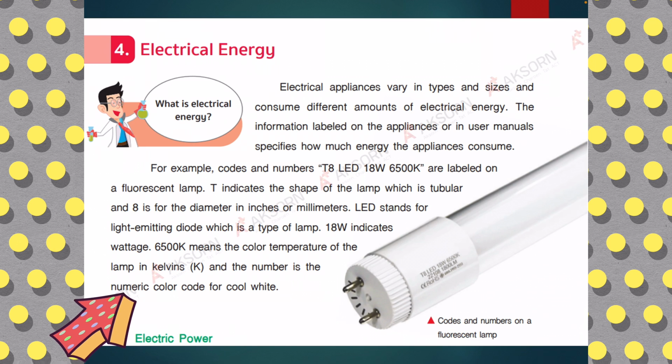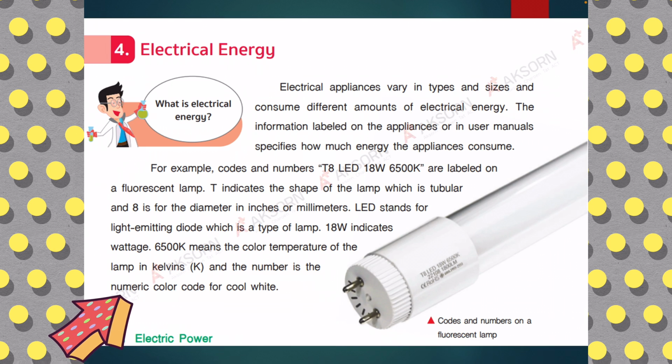Now in your book, you could see this one. When we say electrical energy, this is the energy that is generated when we use our appliances. Electrical appliances vary in types and sizes and consume different amounts of electrical energy. The information labeled on the appliances or in user manuals specifies how much energy the appliances consume.